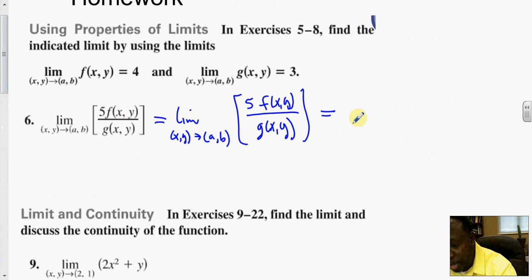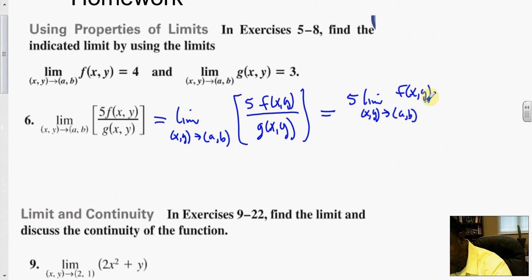And so this becomes 5 times the limit as x and y approaches a comma b of the function f of x, y, and that's divided by the limit as x comma y approaches a, b for the function g of x, y.